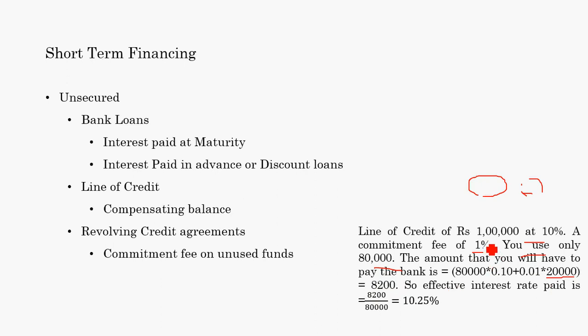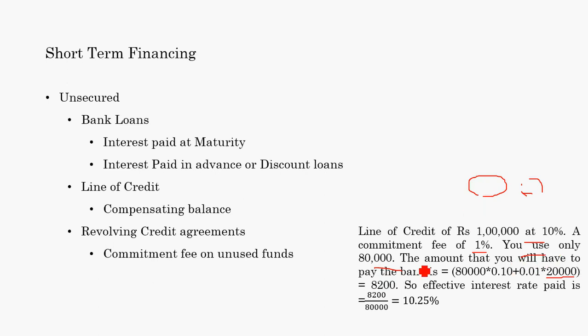So I'll repeat this again. You have been given a line of credit of 1 lakh, and the interest is 10 percent. There's a commitment fee of 1 percent, which means that 1% will be charged on the amount of this 1 lakh that was unused.